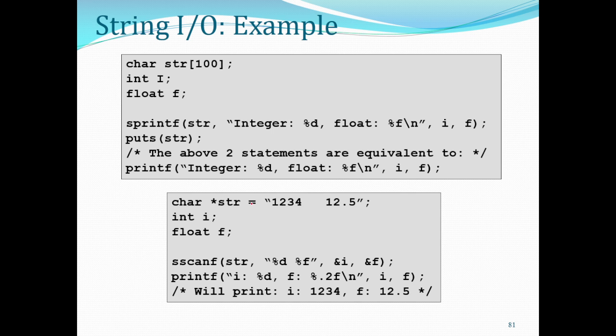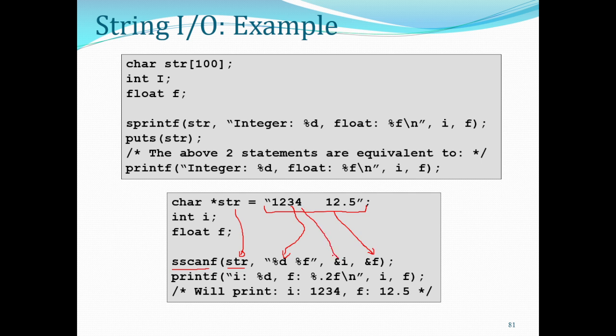Let's say I have this string. Be careful with it. So I'm using the scanf function and giving the target string. In that string, since it's holding two numbers, one is an integer, one is a floating point, I'm able to read this information from the string. I'm sorry, this guy will go there and this guy will go there.